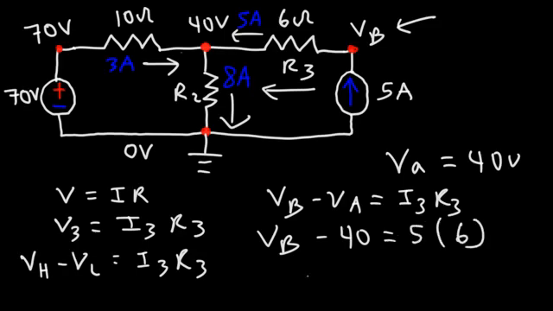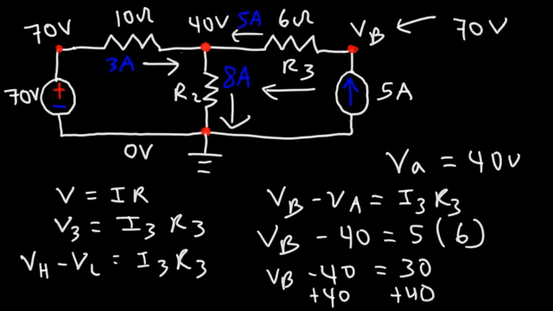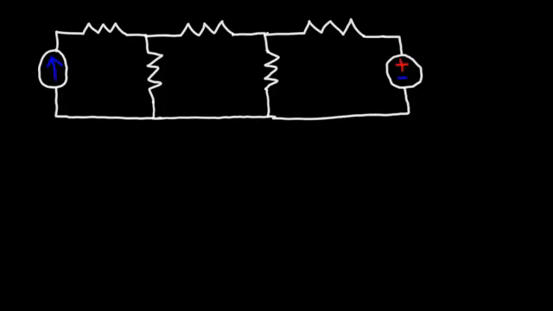R3 is 6. 5 times 6 is 30. To solve for VB, we need to add 40 to both sides. So VB is at a higher potential than VA, and its potential is 70 volts. And so that's how we can use the node voltage method to help us to solve for every quantity in a circuit. That's basically it.